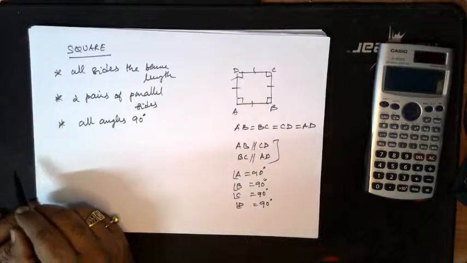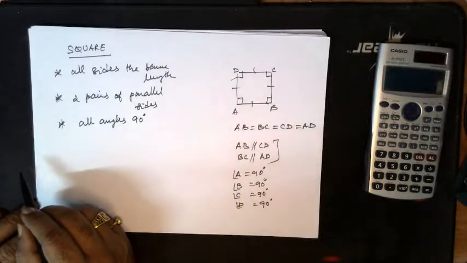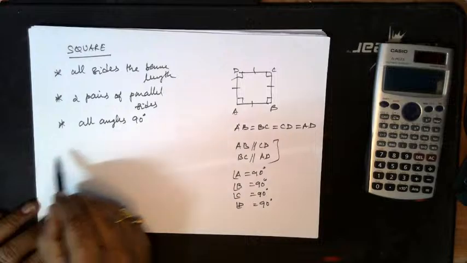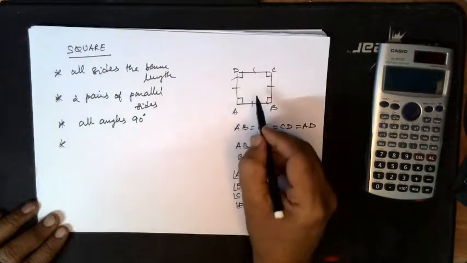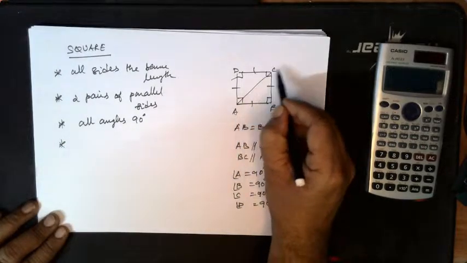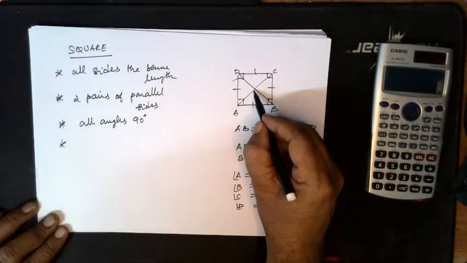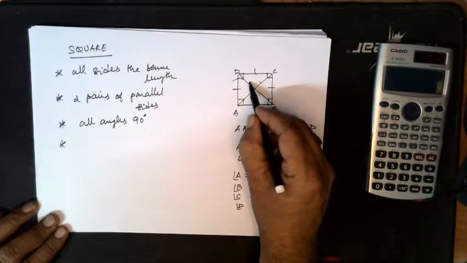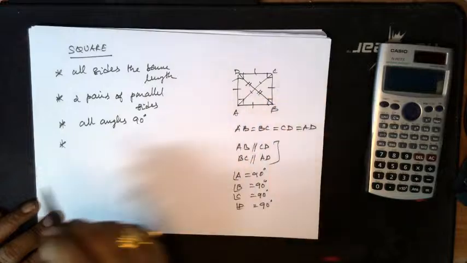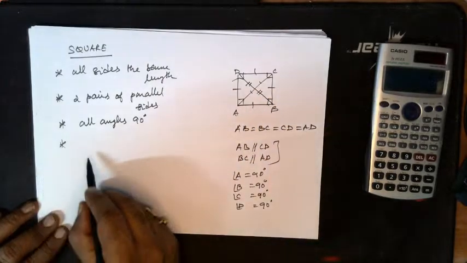Then the diagonals bisect each other here. What are the diagonals here? AC is the diagonal, BD is the diagonal. They bisect each other. Okay, take down.